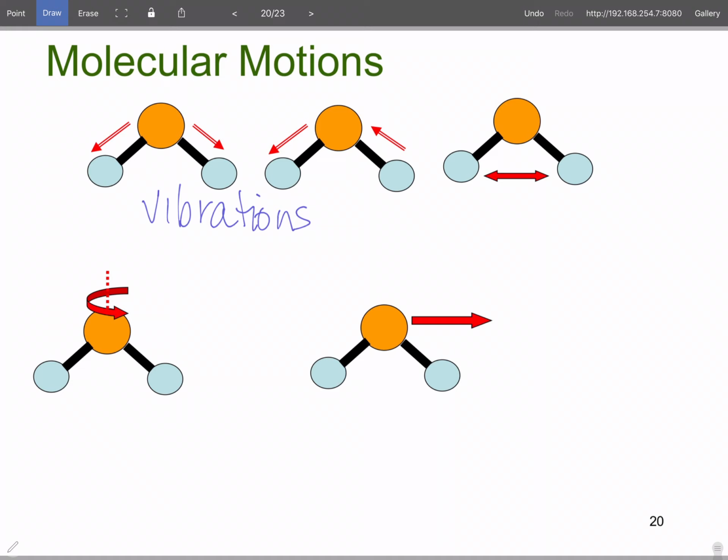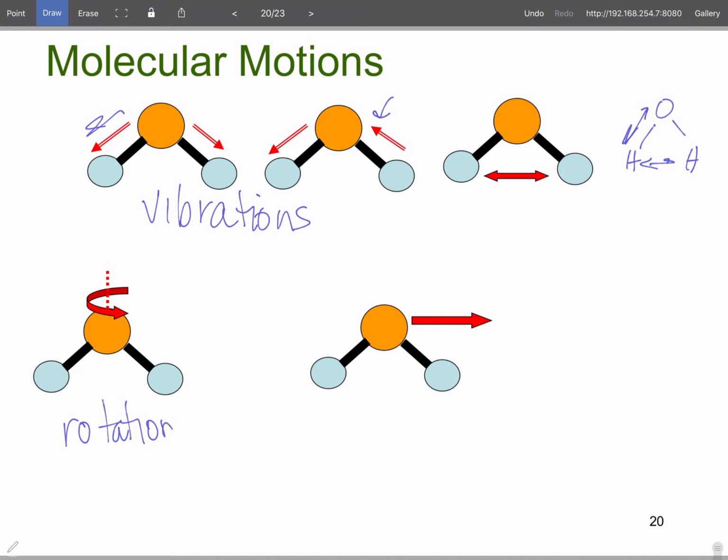So if you have a molecule, in this case we could use water here, what you're seeing is vibrations on this bond here. They can go in the same direction. They can go in opposite directions. They can be wagging in between here and there. These are different vibrations. This is a rotation.